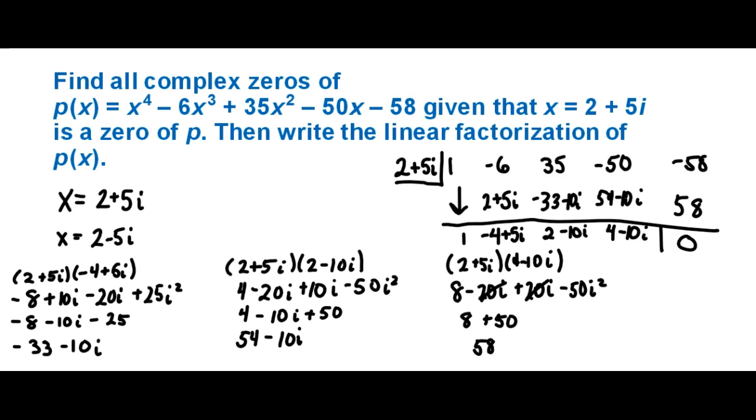And now we have a depressed function down here with 1x cubed, this term times x squared, this term times x, and this term as my constant.